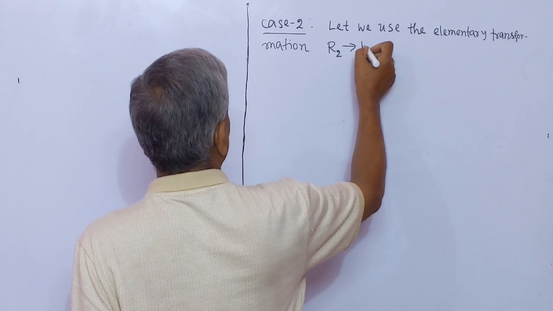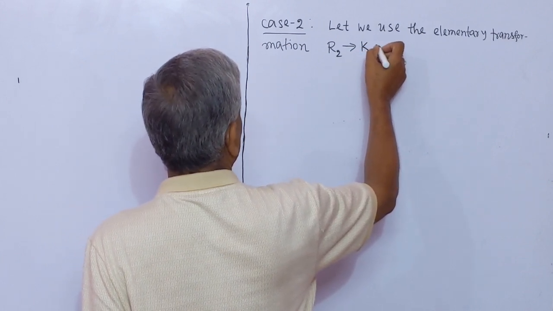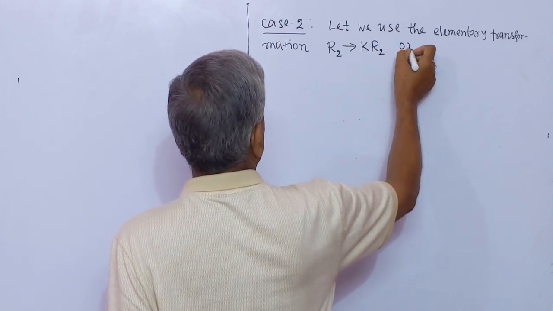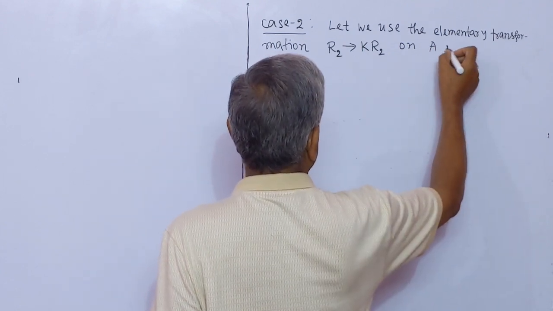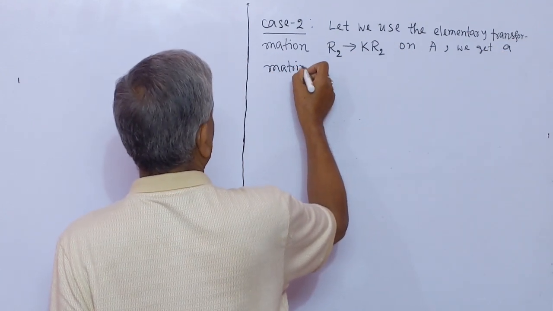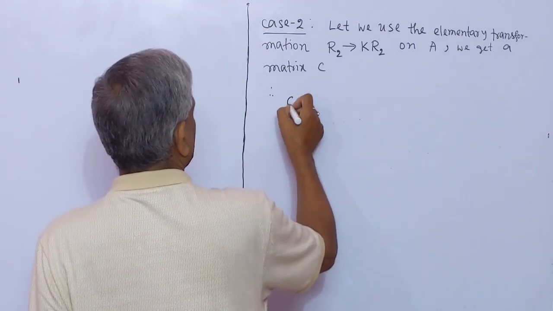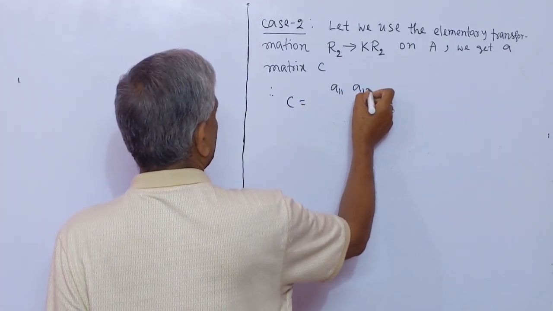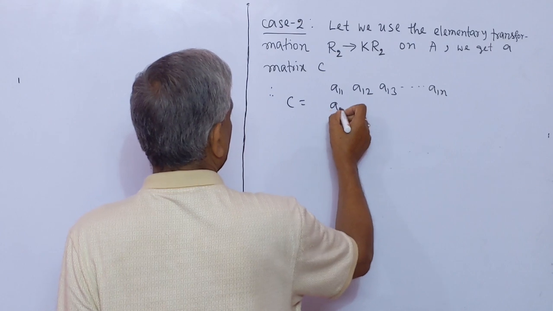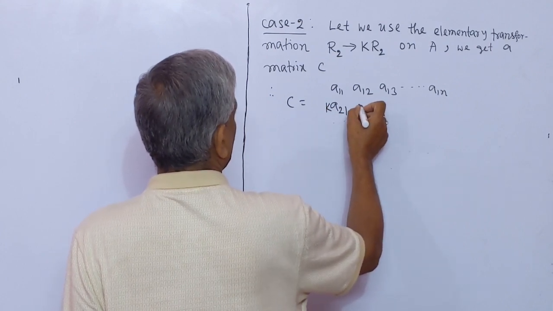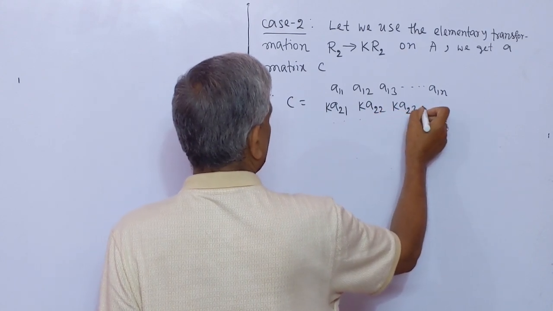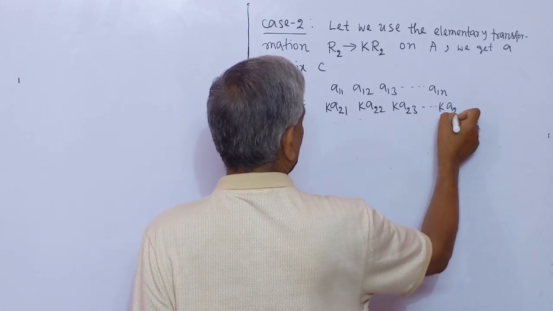In place of R2, row 2, we multiply a non-zero number k, k R2, on matrix A. We get a matrix C. Therefore, C equals A11, A12, A13, A1n, A21 multiply K, K multiply A22, K multiply A23, K multiply A2n.